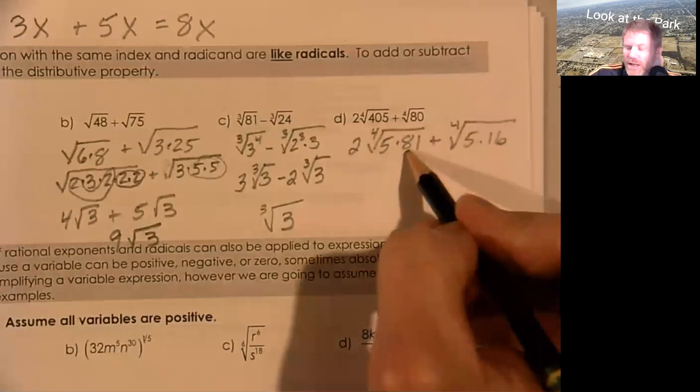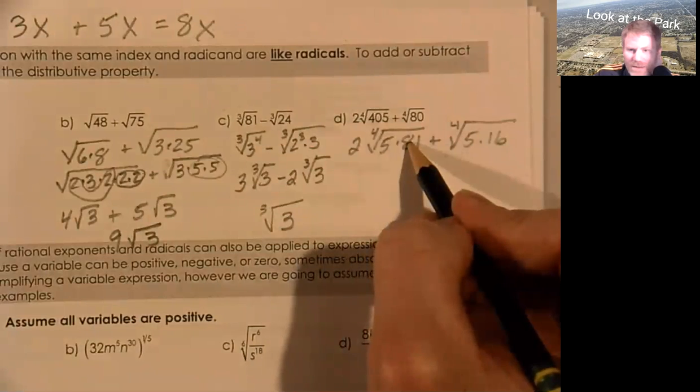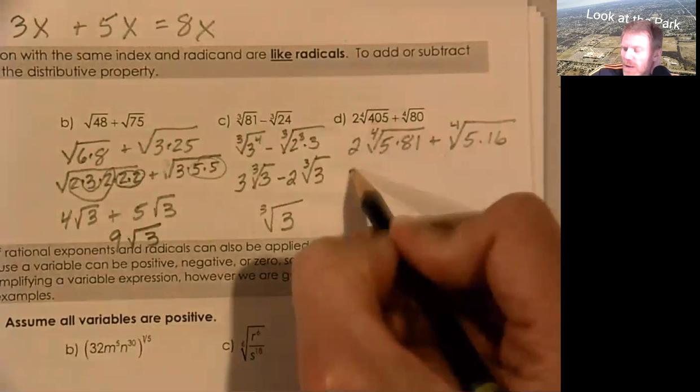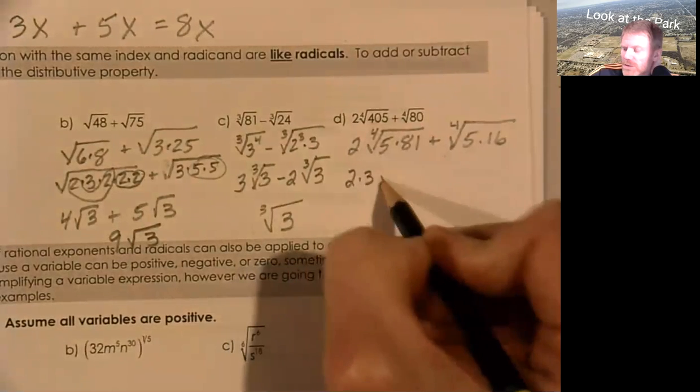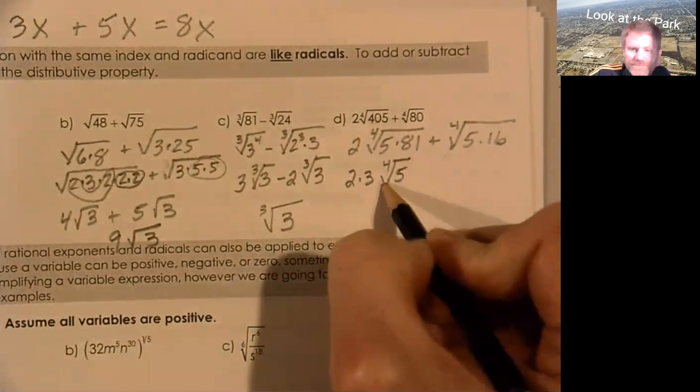Well, we've learned that the 4th root of 81, we don't want to write them all out, is 3. So I'm going to bring the 3 out, and I just have the 5 sitting inside.